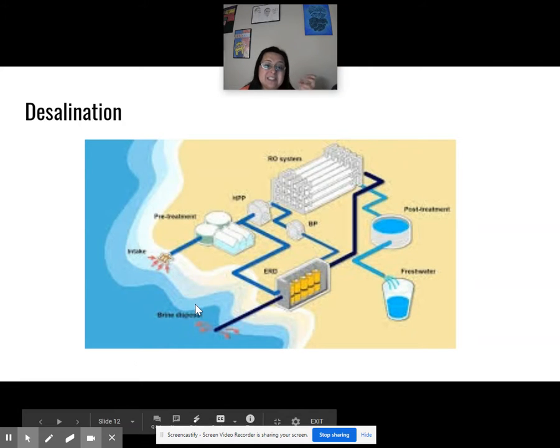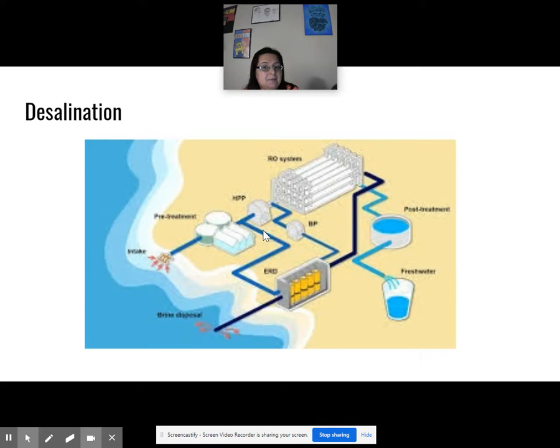They are going to suck in this water from the seas or oceans, and they are going to put it through some of these processes, I call it magic, where they are taking out the salt from the water. So when it goes through all of this filtering, finally you are going to end up with a nice clean glass of fresh water.